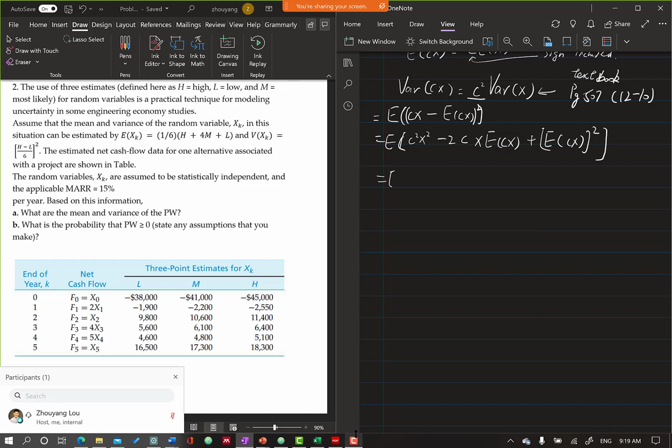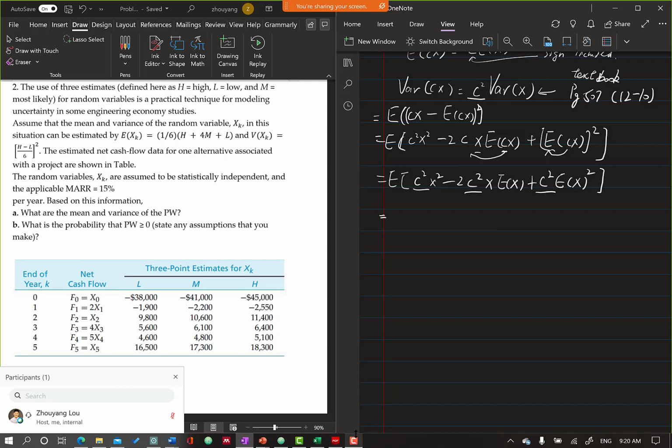Then we can further expand that. As we already know, the C can be taken out of the E, so you have minus 2C squared x E[x], plus C squared E[x] squared. We notice here that each component has the C squared.